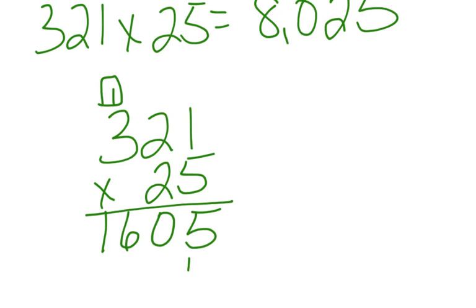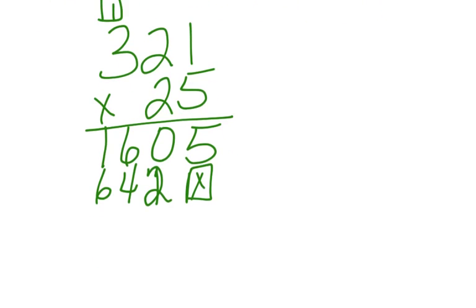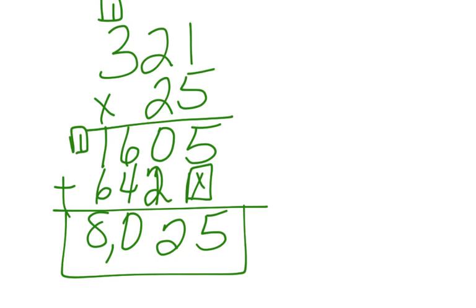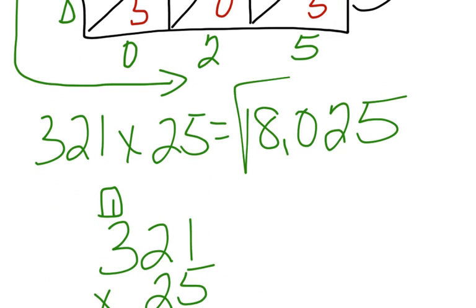Now our second row, put our X box. 2, 4, 6. And then we add. It's 5, 2, 0, regroup, 8. And as you can see, both products match.